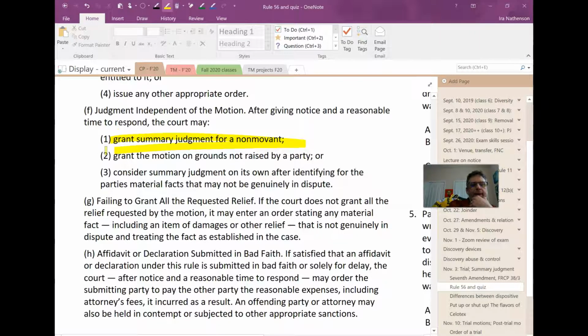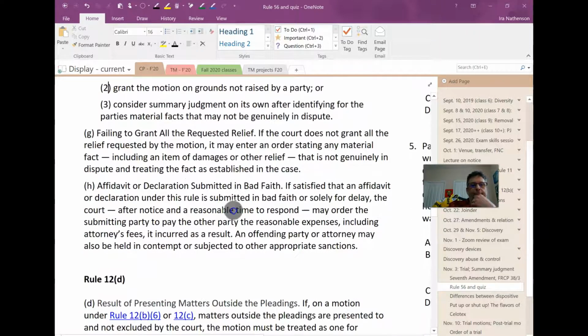Court can grant summary judgment for somebody who's not moved for summary judgment. But again, because of due process, courts are going to typically give the parties a chance. Here, I've noted that even if the court doesn't grant summary judgment, it can indicate which material facts are not genuinely in dispute and treat those facts as being established.